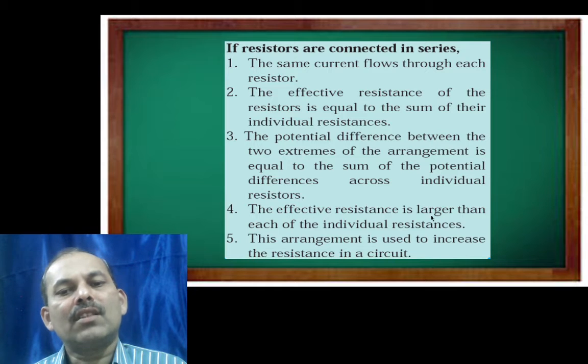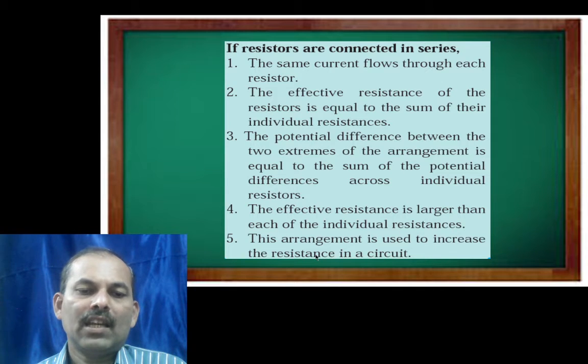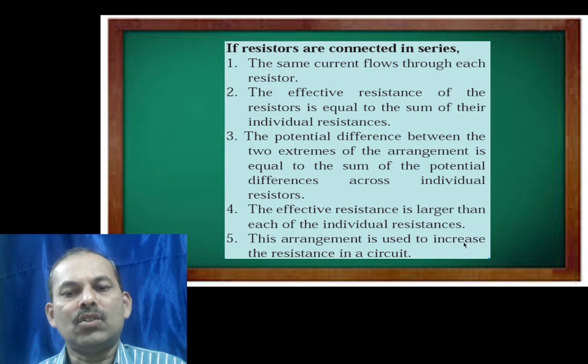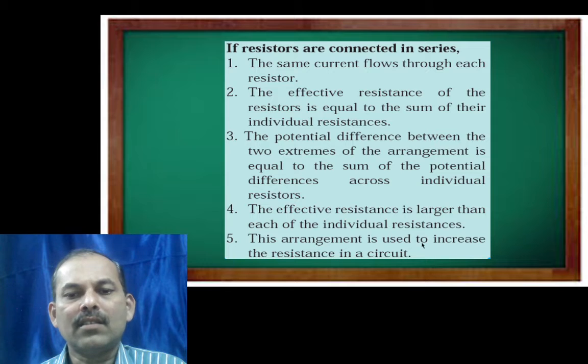The effective resistance is larger than each of the individual resistances, and this arrangement is used to increase the resistance in the circuit. If you want to increase the resistance in a circuit, you have to arrange the resistances in series.